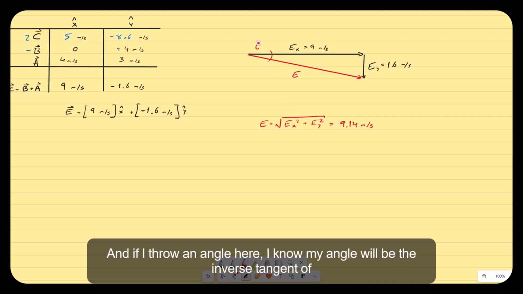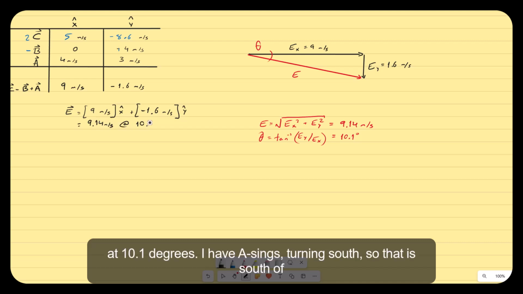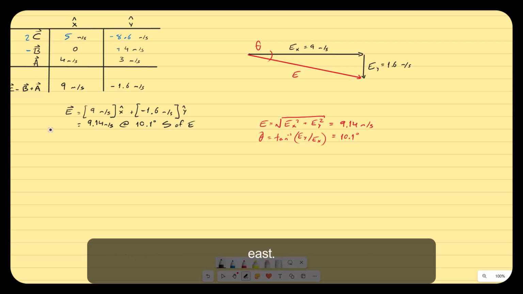And if I throw an angle here, I know my angle will be the inverse tangent of Ey over Ex, comes out to be 10.1 degrees. So I can also write this vector as 9.14 meters per second at 10.1 degrees. I am facing east, turning south, so that is south of east.